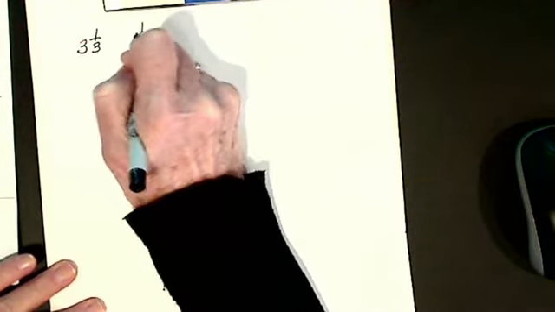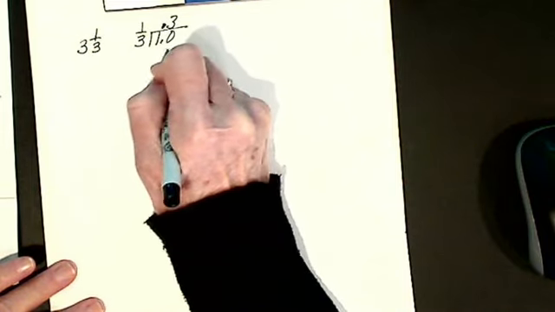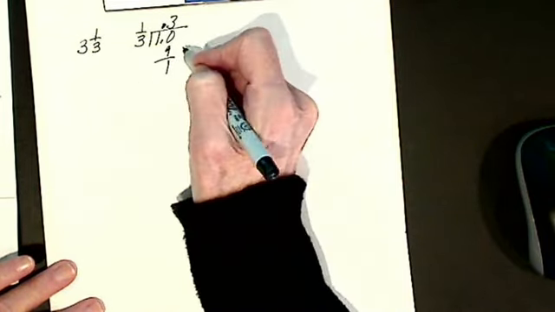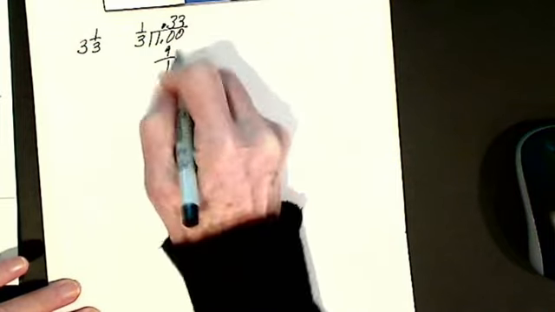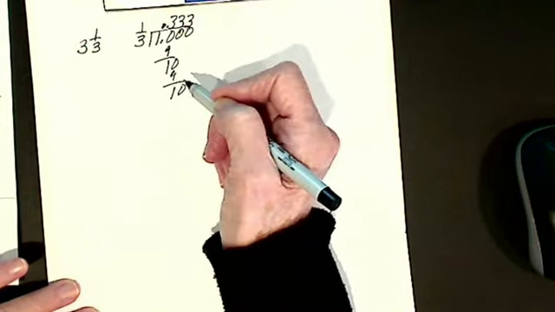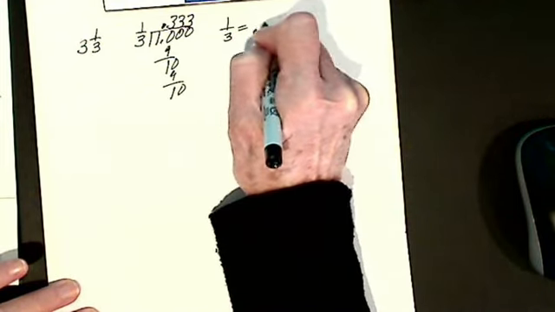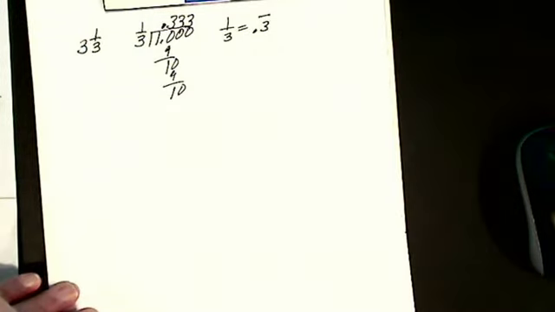So if I convert the third, 3 into 1, bring my decimal up, I get a 3. 3 times 3 is 9, subtract, have a remainder, I'm going to add a 0. 3 3s are 9, subtract, I can see that that's a repeater. So 1/3 equals 0.3, and it repeats.